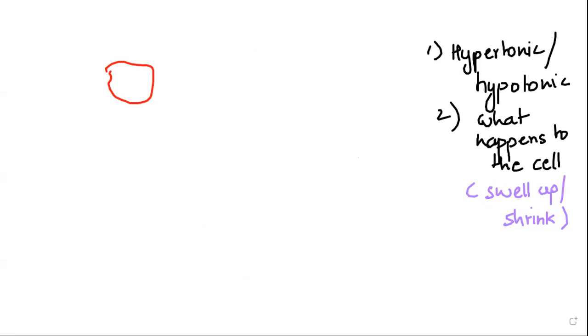Keep your chat box on, and I will give you some examples of solutions. So this is your cell, and I will give you examples of solutions. You have to tell me what the solution is, and second, what happens to the cell, right? Both answers together, correct? Everybody ready? Should we start?